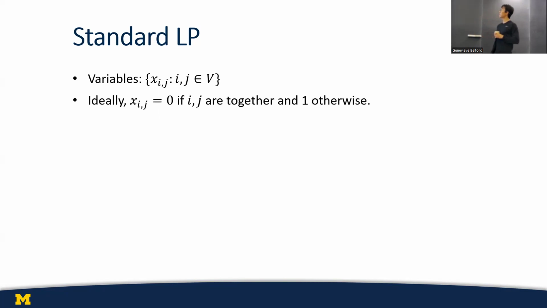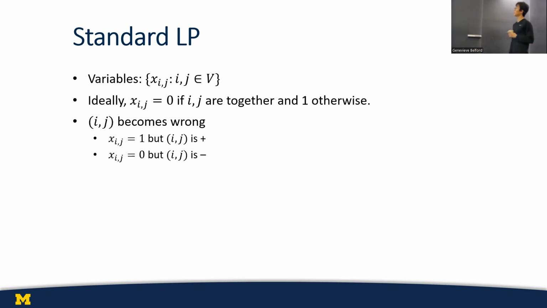Let me get to the cluster LP in the next slide, but first let me show you what the standard LP was. The standard LP was very natural. For each pair of vertices i and j, you have a variable x_ij. The intended meaning is that if i and j are in the same cluster in the optimal solution, then I want x_ij to be 0. Otherwise, if they are separate, then I want x_ij to be 1.